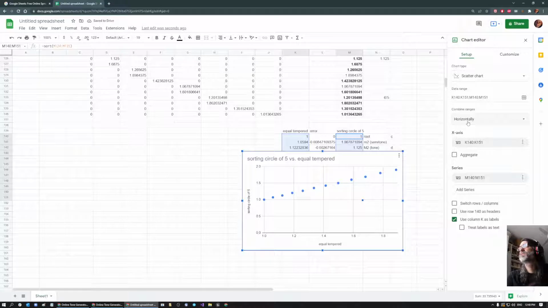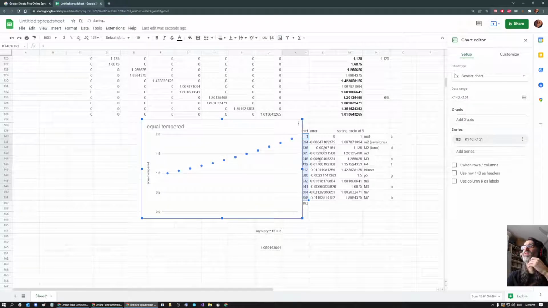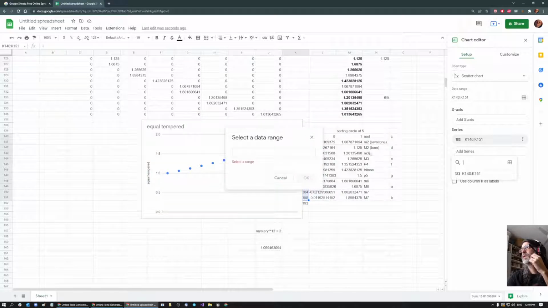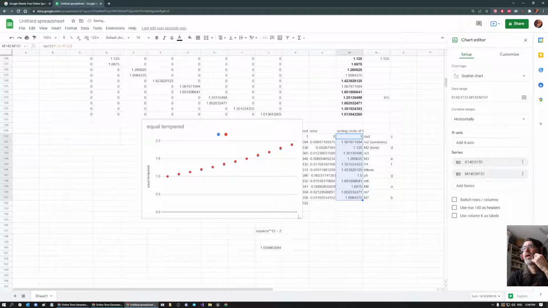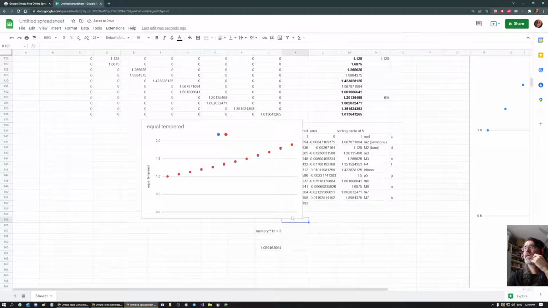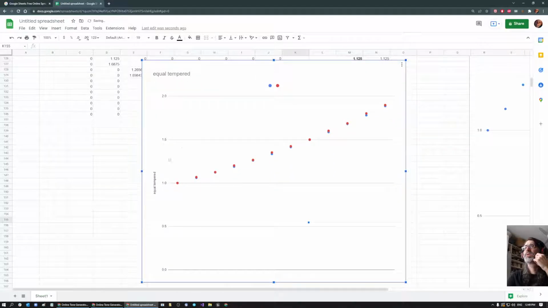Combined ranges horizontally? No. Data range series? Yeah, I don't want that. I just want one of them. I want one of them like this, and the other one, I'm going to add a series and click here and give me this and say okay. And then we can look at the error that we're making when we are doing the equal tempered thing.